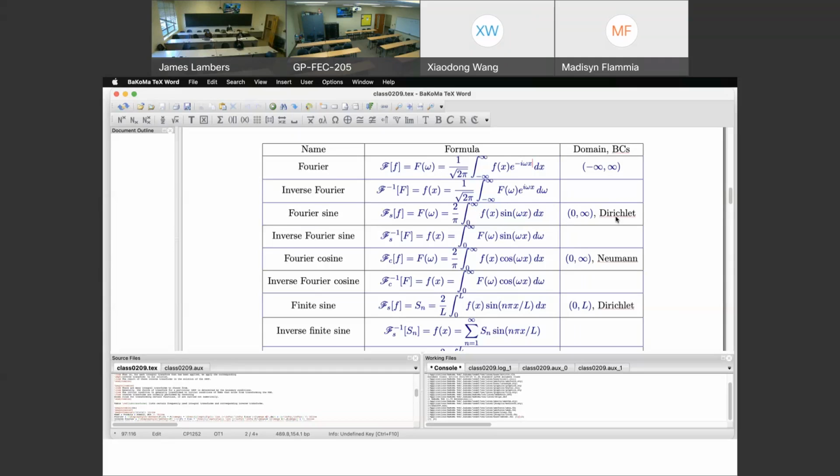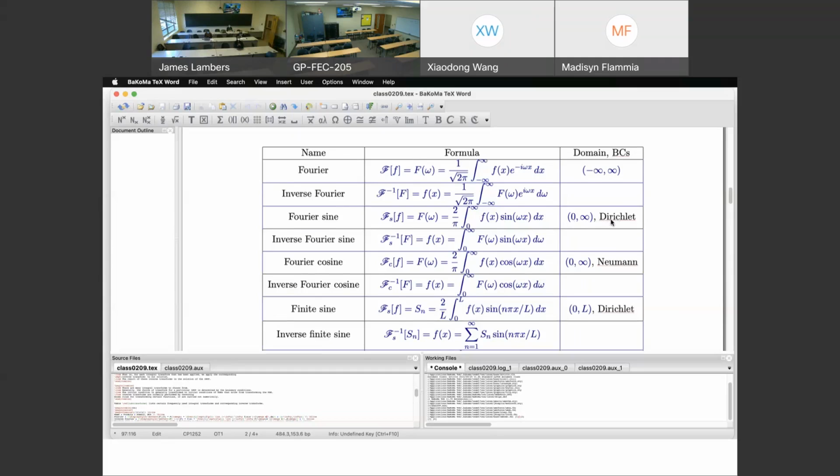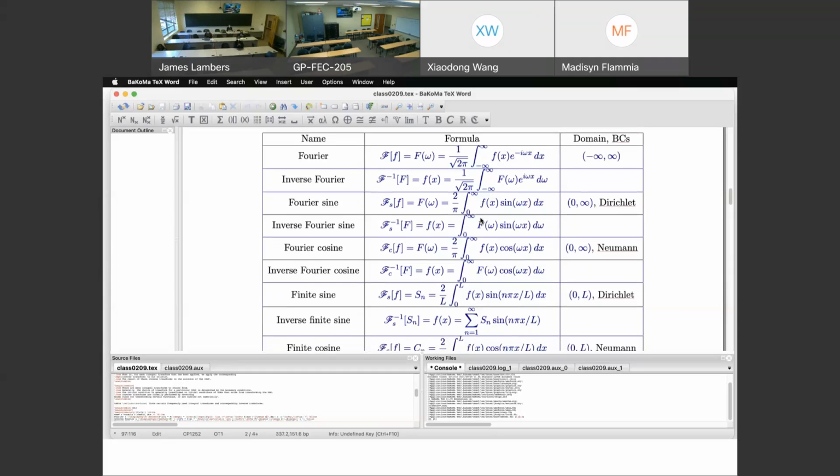So for instance, if you have a Dirichlet condition, also known as type 1, where you're specifying the value of the solution at x equals 0, then you use a Fourier sine transform, which makes sense because when we saw separation of variables, when you have those kind of boundary conditions, your solution is expressed as a Fourier sine series. And so this is the integral you evaluate.